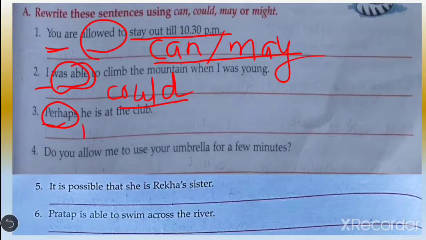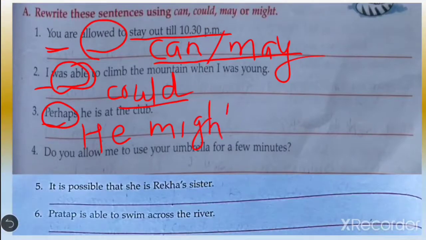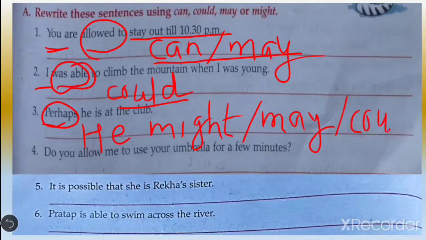So first he, H capital. After he, you have to write might. Might is also correct, may is also correct, and could is also correct. So when there is some uncertainty, we can use might, may and could.